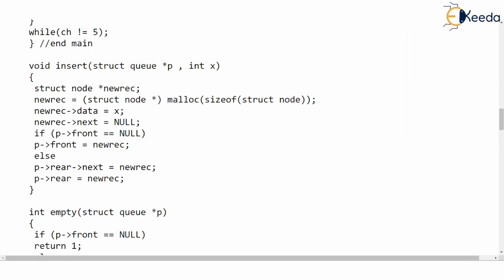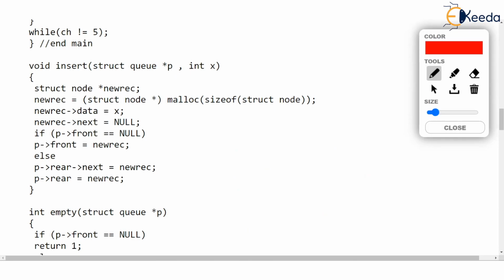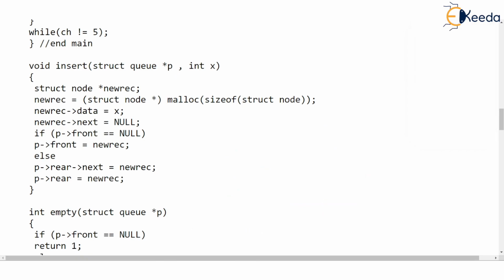Okay, let's do practice on this. What if we call insert a second time? Recall, we have only 10 in the queue at the moment. So we again pass the address of the queue and 20 has to be inserted.